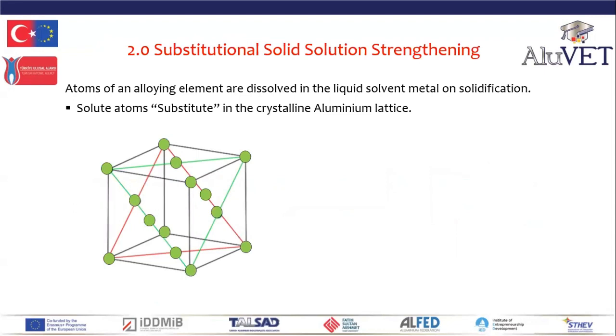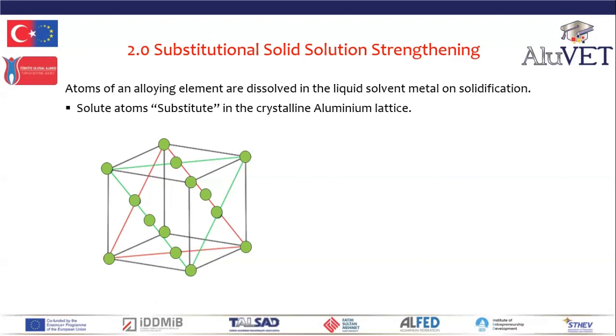Now, when we solidify a liquid alloy, the solute atoms are dissolved in the solvent metal, aluminium. And on solidification, the solute atoms, copper or iron, alloying elements, substitute into the face-centered cube of the solvent aluminium. Remember, as the freezing start temperature starts, atoms form a face-centered cube, and alloying elements will knock an aluminium out of one of the positions in that face-centered cube on solidification, replace it, substitute it.